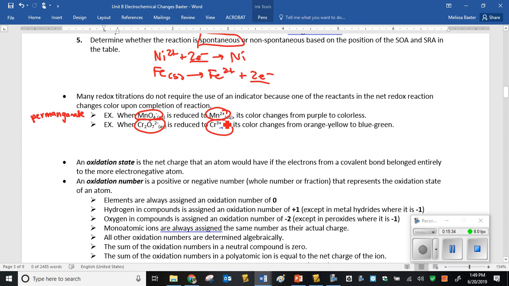So memorizing the color is not something you need to do, but recognizing when all of this finally gets reduced, the color changes. When all of the Cr2O7, so the dichromate ion, gets reduced, the color changes. Did you guys want to ask anything about that?